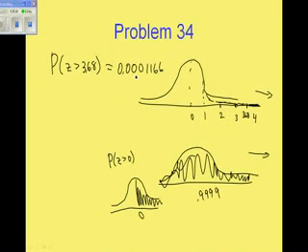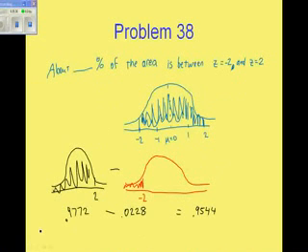That's incredibly unlikely, that we will be that far to the right. Remember when we were talking about unusual? We said things are unusual if they're more than 2 standard deviations away from the mean. Notice that in our last computation, problem 38, we realized that more than 95% of the time, we will be between the standard deviations of -2 and 2.